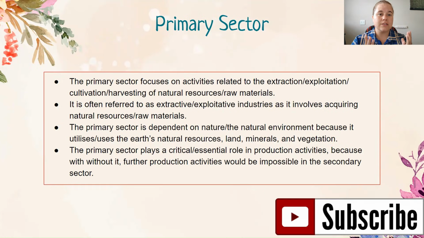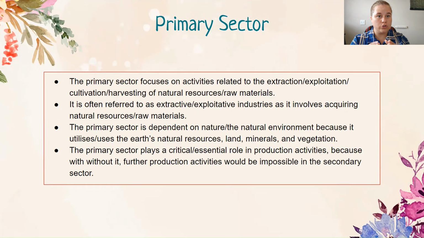So, a nice example here: if a company wants to make benches, then they are going to need wood. So in the primary sector, we're going to be chopping down that wood, extracting that raw material. Making jerseys and tops, we need material, but material is made from wool.